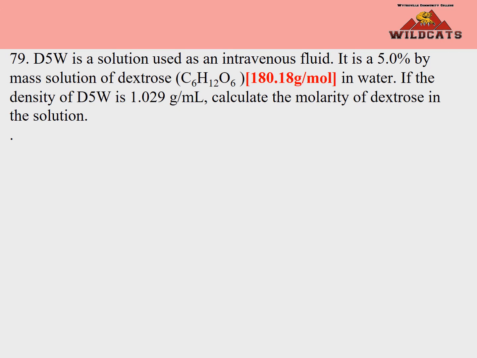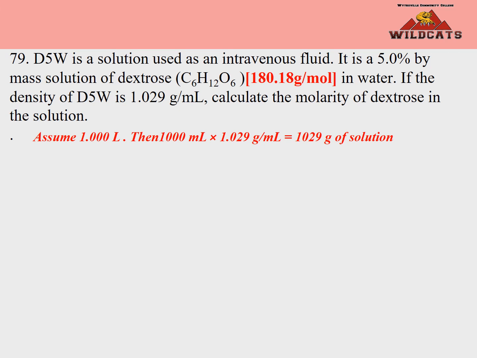Number 79, IV solution, D5W, dextrose, 5%, in water. It's a very common IV solution. It's a 5% by mass solution of dextrose, which is D-glucose. So here's the molar mass of glucose. Here's the density. So we want the molarity. So let's start out with 1 liter, because molarity is moles per liter.